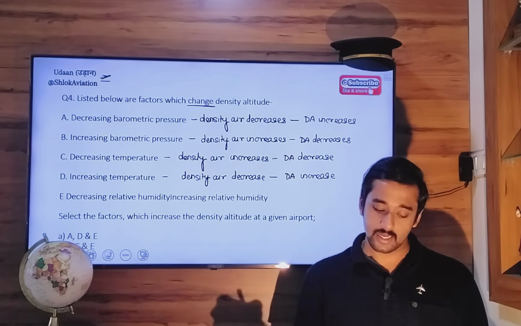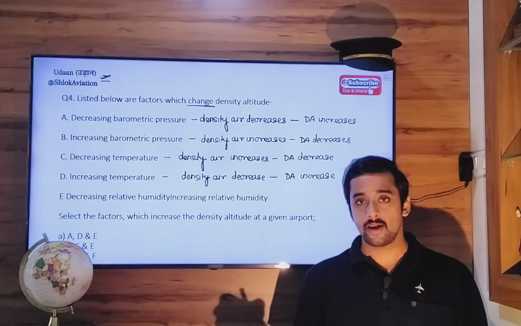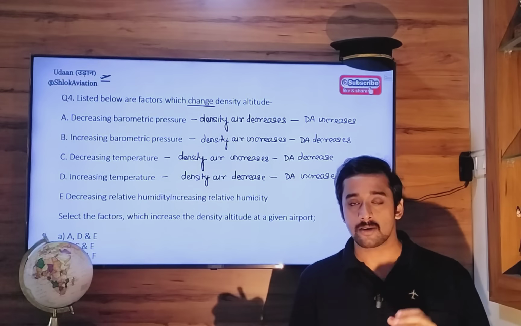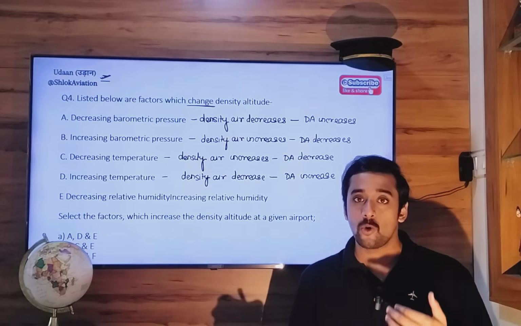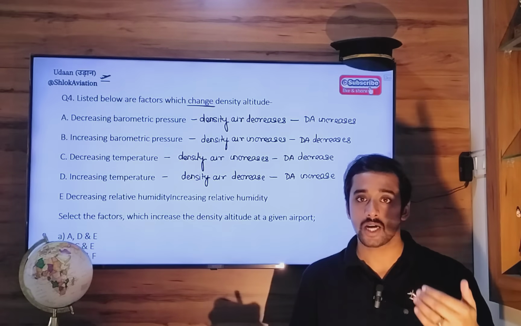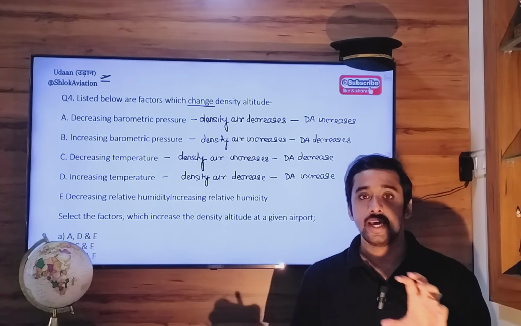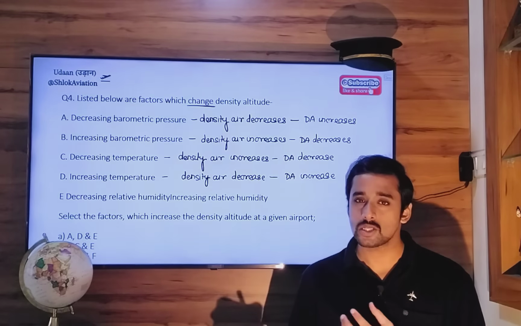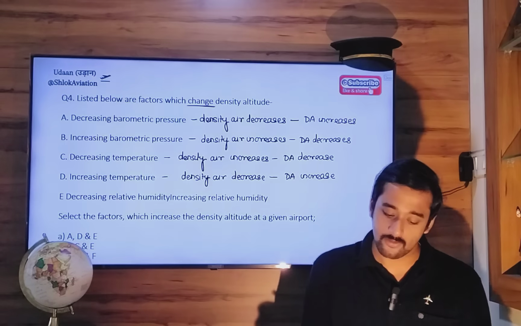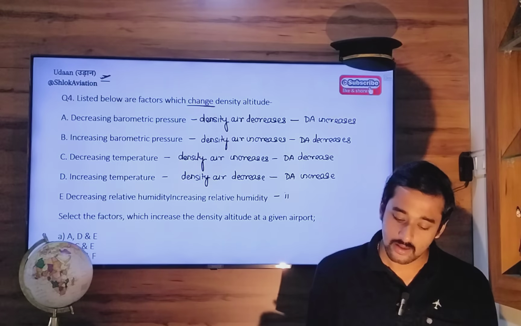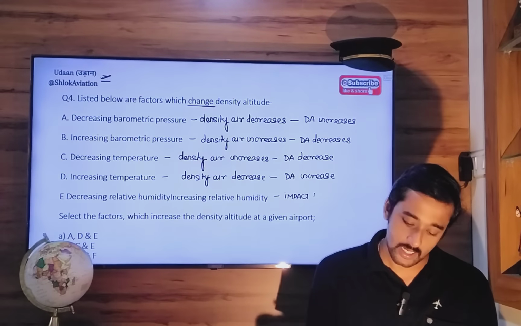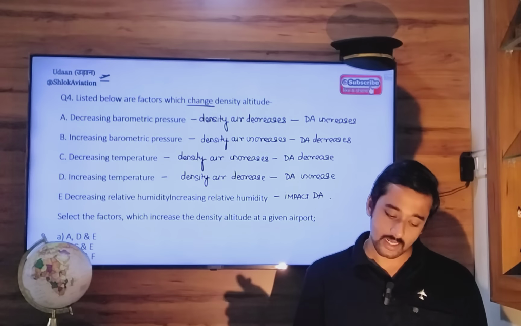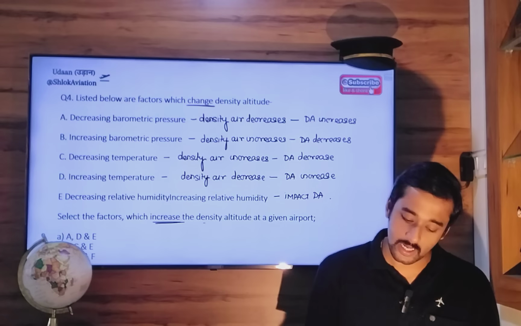Decreasing humidity, increasing humidity. So if humidity of air decreases, that means it's becoming more and more dry. So dry air is beneficial for aircraft performance. Humid air or moist air is not good for aircraft performance. So that will also impact density altitude, right? So select the factors which increase the density altitude.